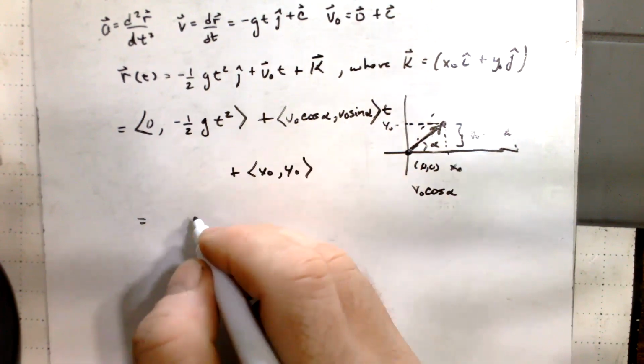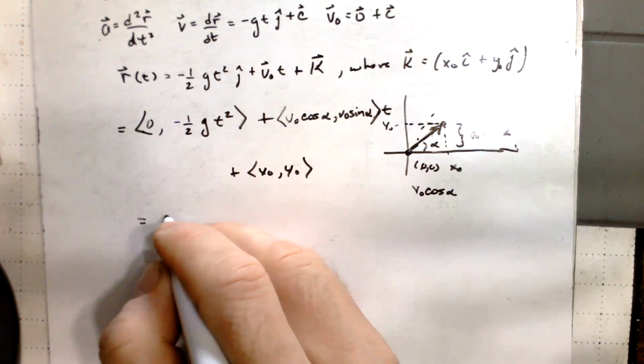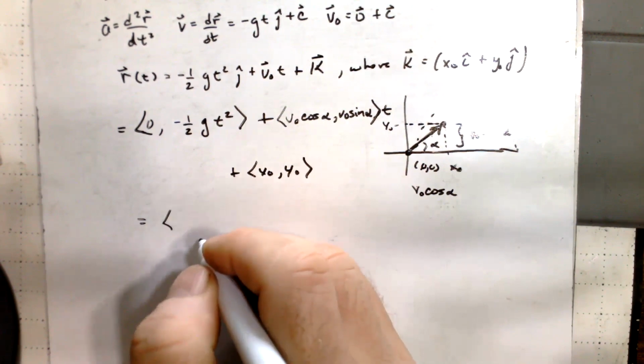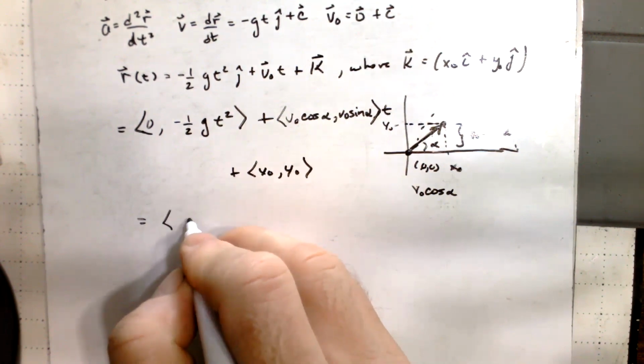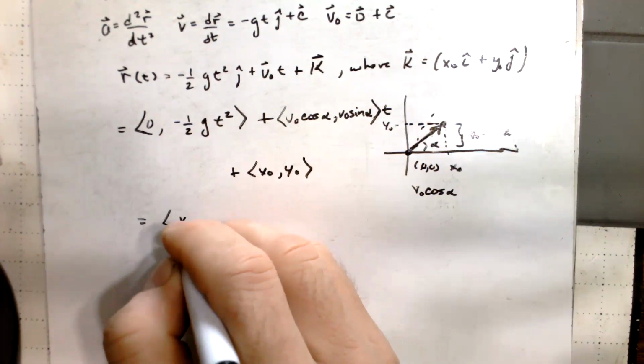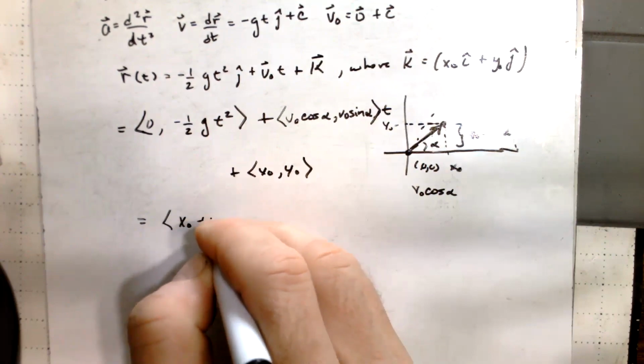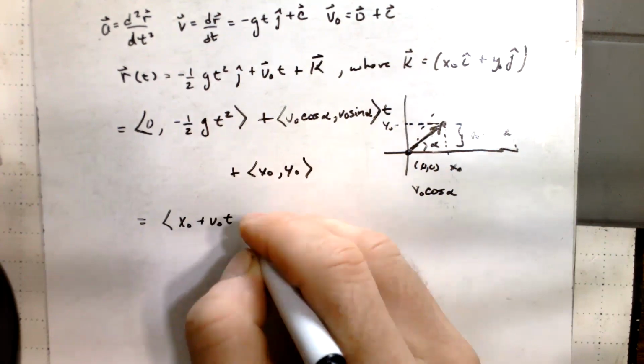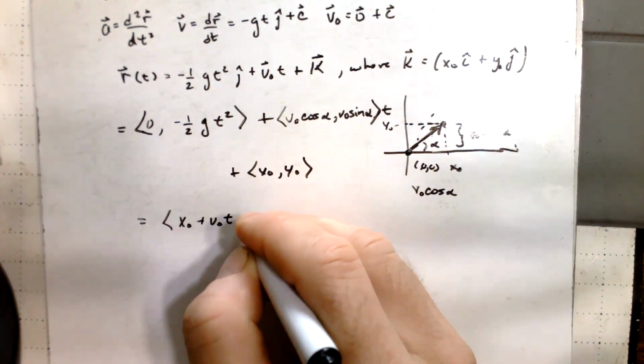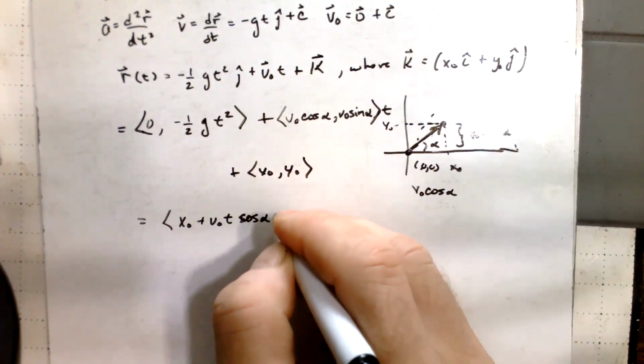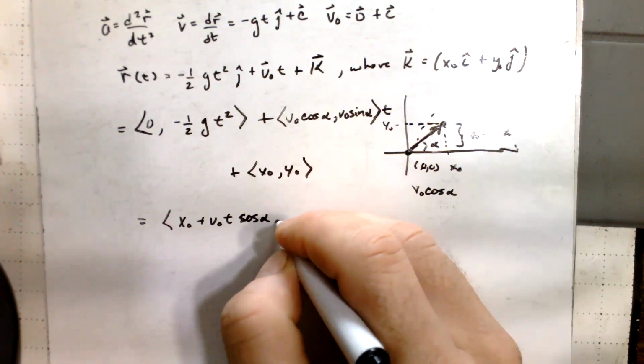So we get x naught plus v naught t cosine alpha in the i hat direction.